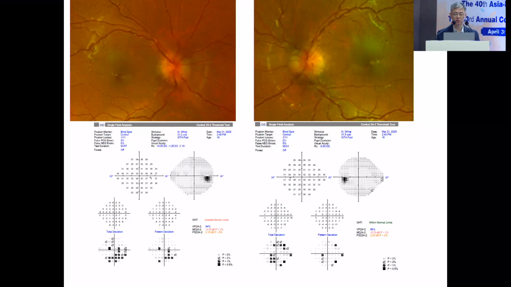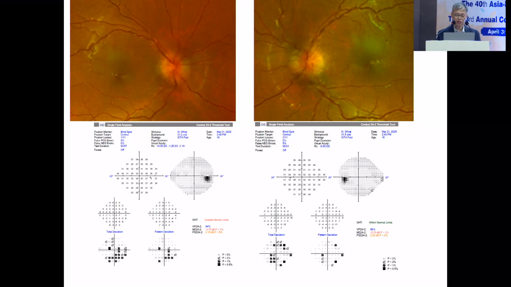And how about this? Bilateral disc swelling with, well, not very prominent defects. But if you look, this is a patient with papilledema, and so if you can imagine it, then perhaps you can see that in the right eye, the patient has an enlarged blind spot. In the left eye, maybe the blind spot is enlarged, but maybe some scattered non-specific defects.